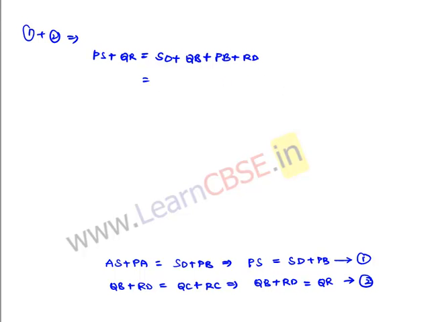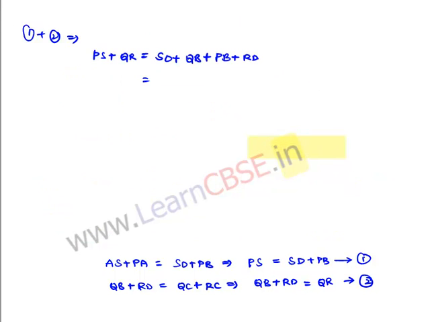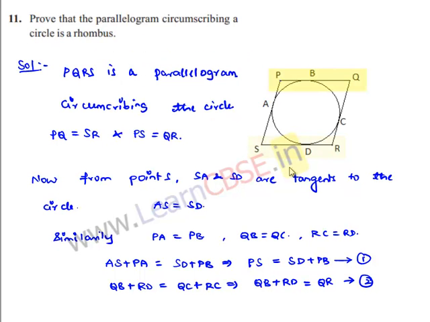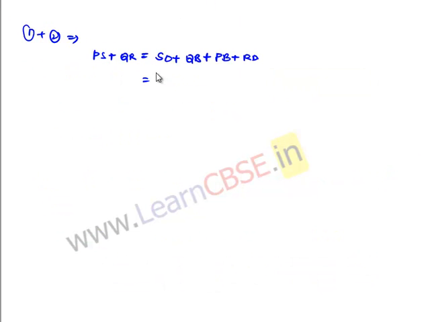Here SD plus RD is equal to RS and QB plus PB is equal to PQ. So we get PQ plus RS. That implies PS plus QR is equal to PQ plus RS.